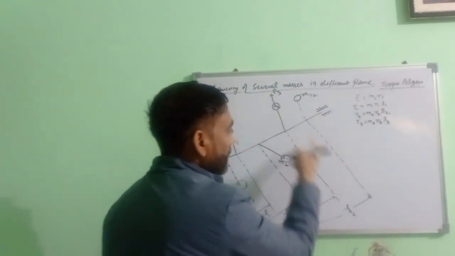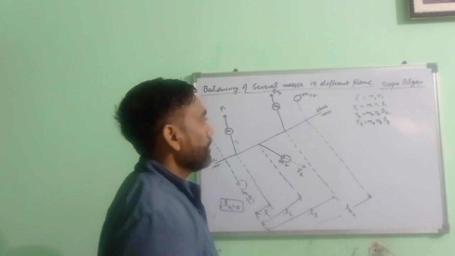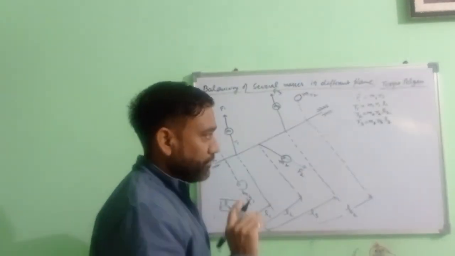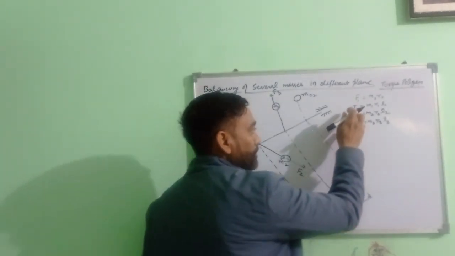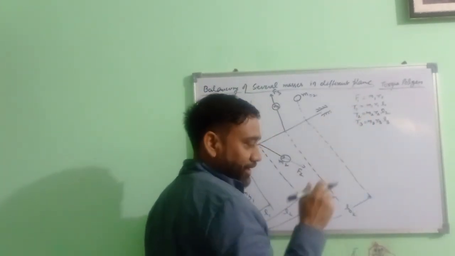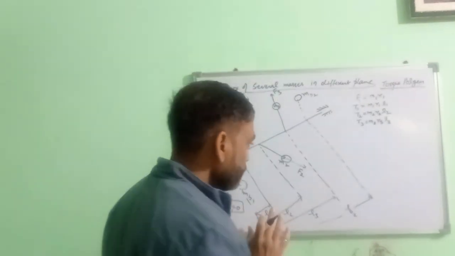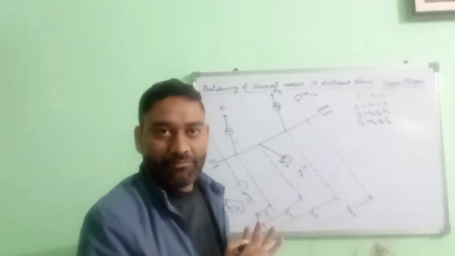But for this mass, we do not know how much mass we will add. So we hold on here and draw T1, T2, T3 in a torque polygon. For going to the torque polygon, first we draw the space diagram.